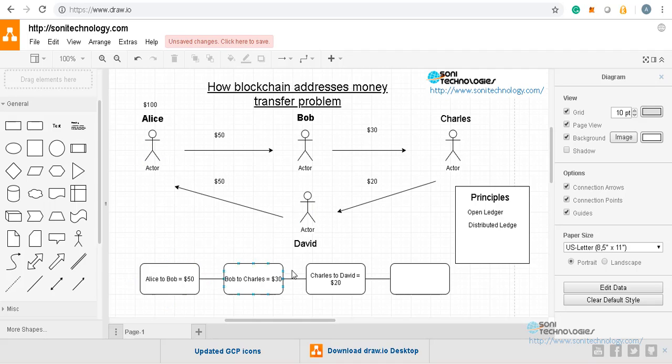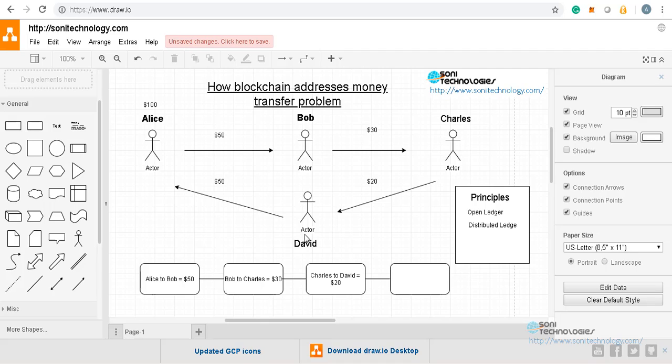So the same copy, whatever we have created here, will be available to Alice, Bob, Charles, David, and whoever joins the network. They will also have the same copy of the ledger. So this is the second principle, distributed ledger.